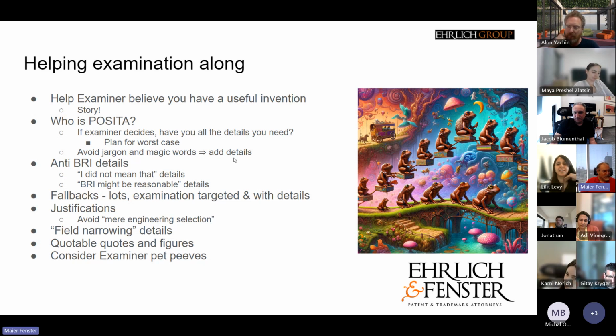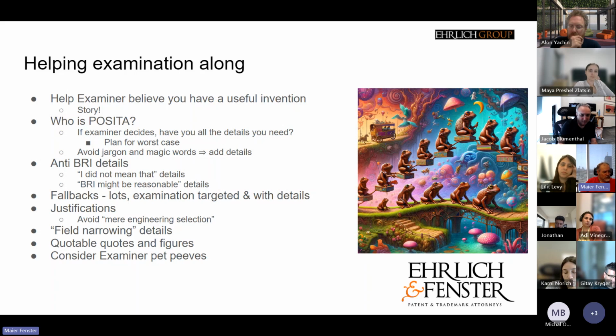If you're going to examine, you're going to want to help the examiner understand what you're doing. So you want to have quotes that you can easily quote. You want to have figures that you can point the examiner at, which illustrate something that you might need to talk to the examiner about during examination or during interviews. Again, details. Different examination units have different unusual beliefs or preferences or complaints.